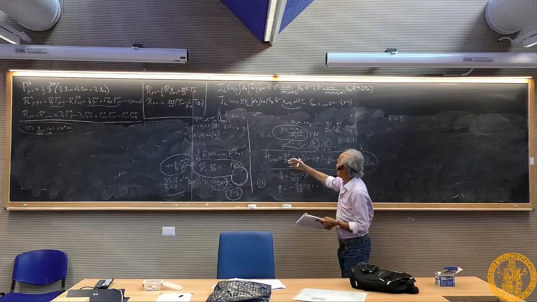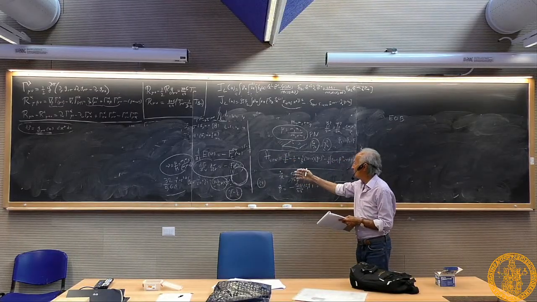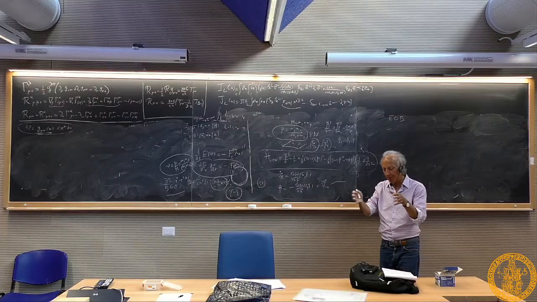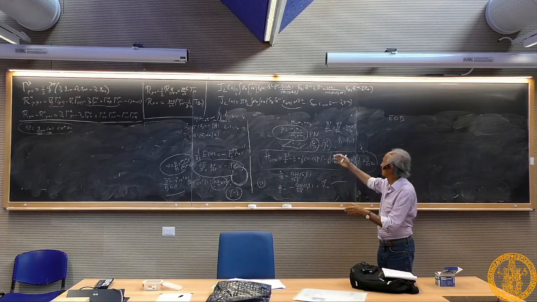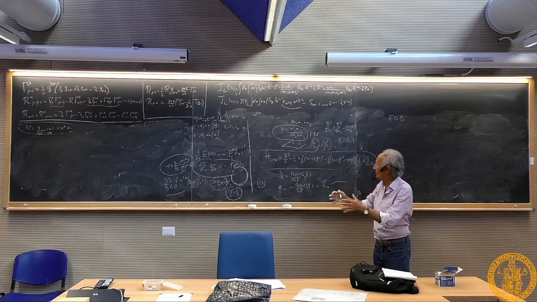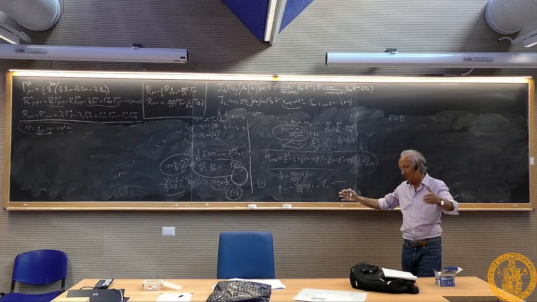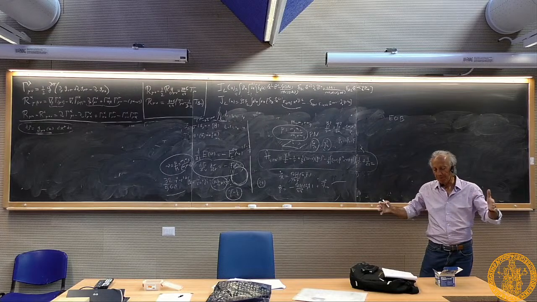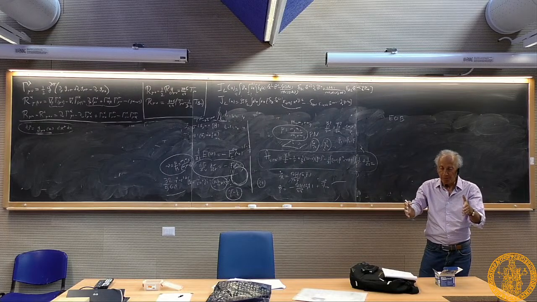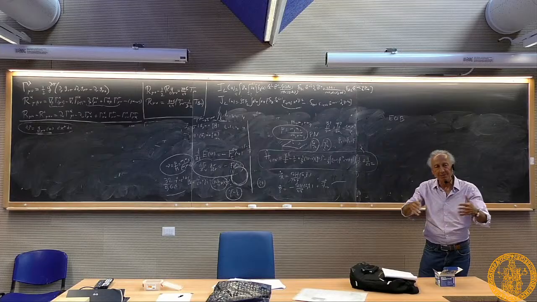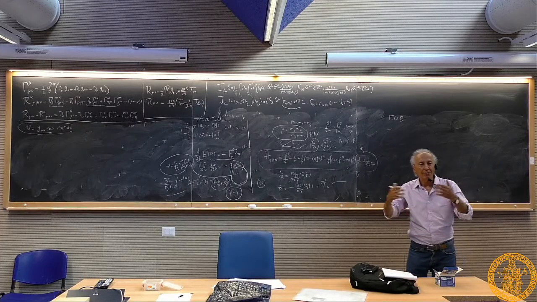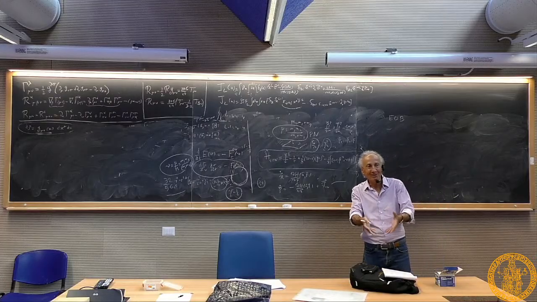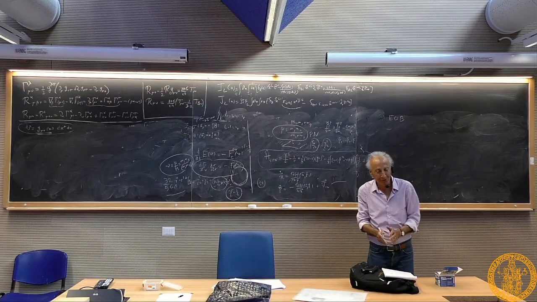We have sketched here that if you use usual perturbation theory, expansions in v over c and in the gravitational potential Gm over Rc squared, this is very good if the two bodies are far apart, but it loses its validity in the last 5 orbits or so, and this is bad because this is really where you want to describe the signal very accurately.